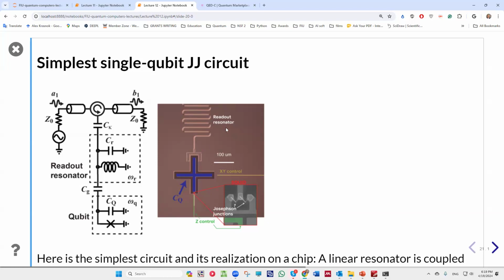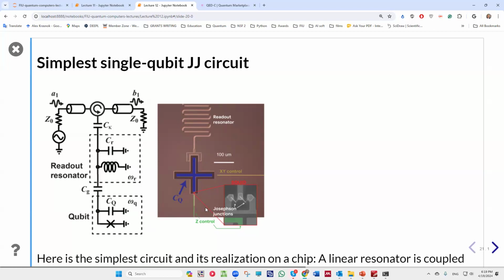For example, we can couple it to another resonator like this meander line. This meander line works as a readout resonator, as a filter. We call this a Purcell filter anyway. So it's a filter that we use to initiate and read out the qubit.